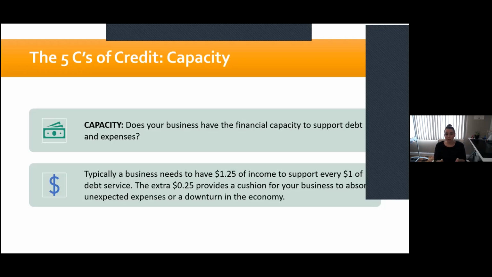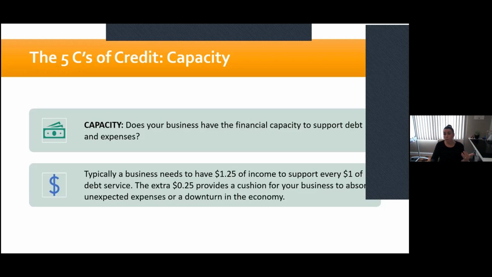What typically most banks like to see is that for every dollar of expenses that you have, you have $1.25 of income. That means you have a net profit of 25 cents that acts as a cushion for your business. Sometimes, for different types of lenders, it's higher.